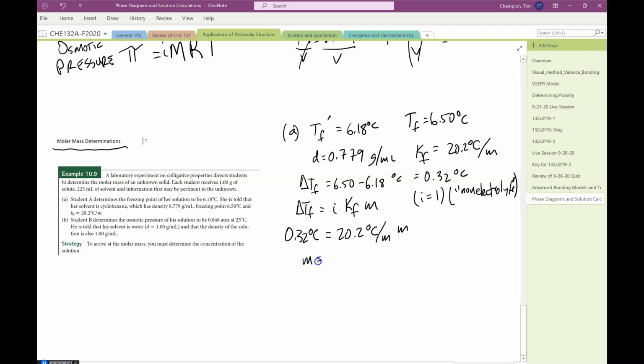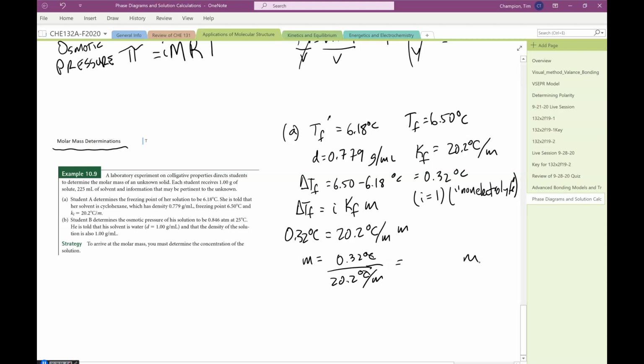The molality is going to be 0.32 degrees C divided by 20.2 degrees C per molal. Our units, degrees C, cancel out, and 1 over molal is molality. So we have 0.32 over 20.2. It's going to be a pretty small number.